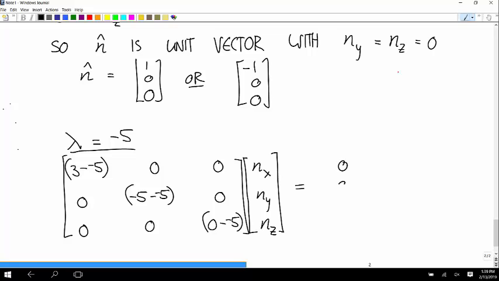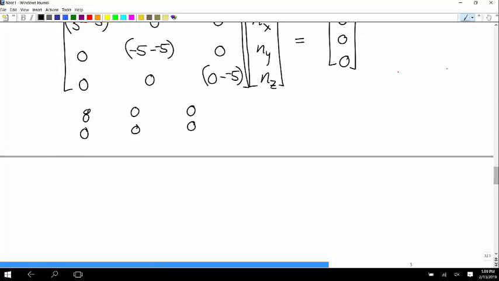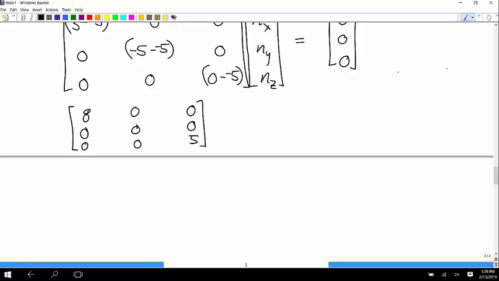And this has to be equal to 0, 0, 0. And so I'll rewrite this as 8, 0, 0, 0, 0, 0, and then 0, 0, 5 times nx, ny, nz is equal to the 0 vector.